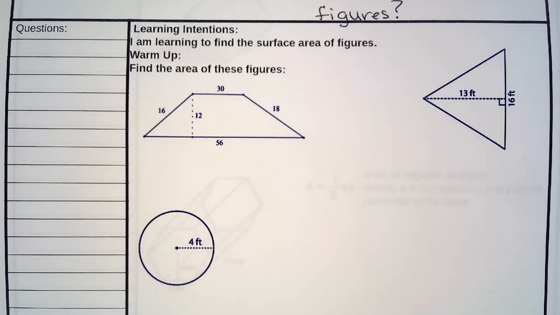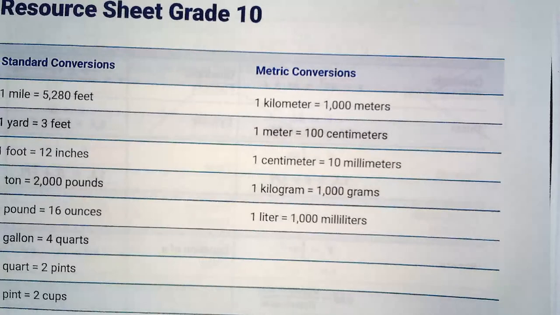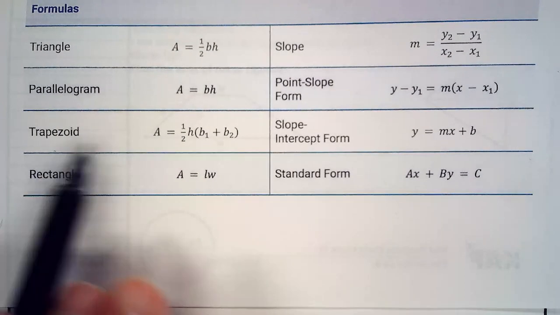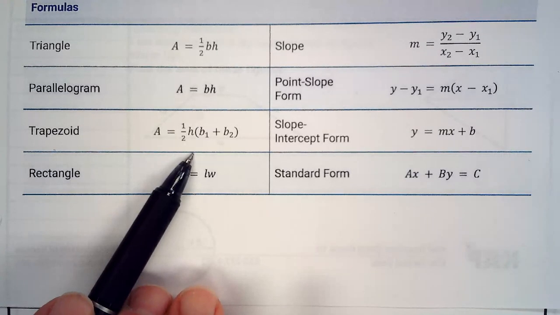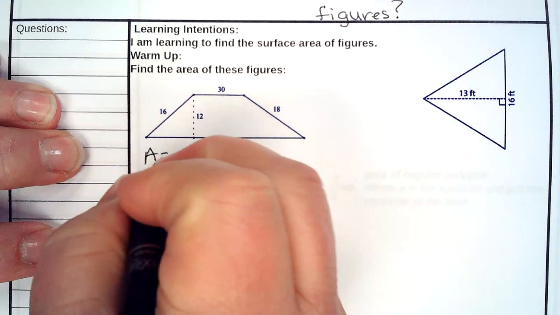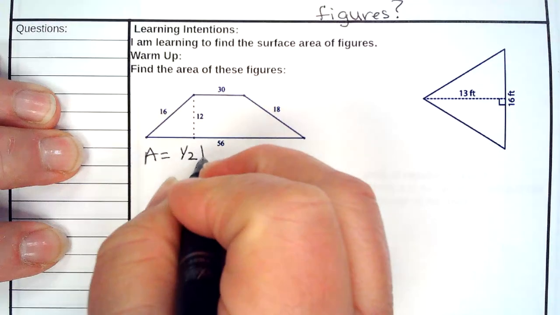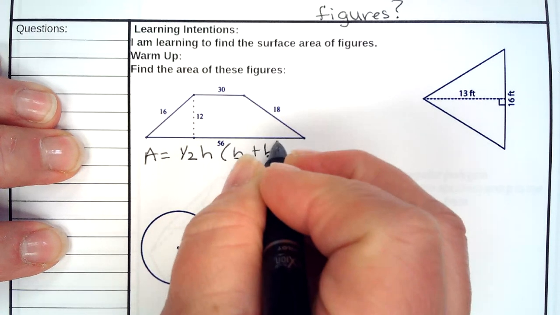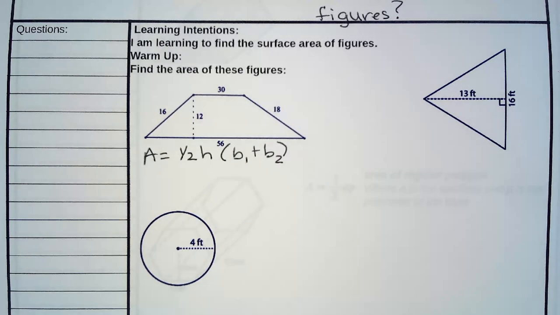Well, I do hope you tried. If you got your resource sheet out and look down here, the formula for a trapezoid is 1/2 of the height times your base 1 plus your base 2. Okay, so let's identify where our height is, where our base is, and where our other base is.